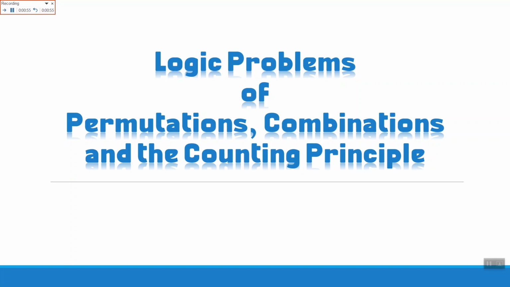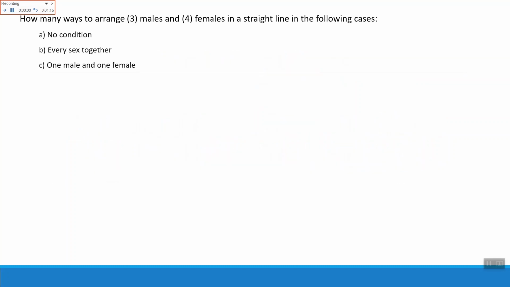We also saw some questions in which arrangement is not important. It's only important to select a number of elements out of a larger number, and in this case we use combinations. So in this lesson we will continue with some of these ideas, and we will explore some new ideas as well. So let's go into the examples.